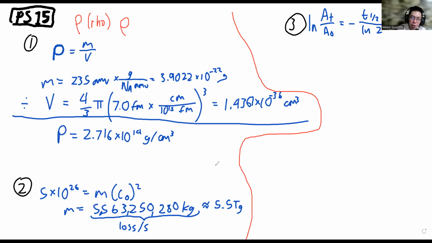Okay, good. So you just rearrange the equation to have the ratio of your A_t over A_0. That's negative kt. So ln A_t over A_0 equals negative kt. So k is ln 2 over half-life. And then rearrange the equation.